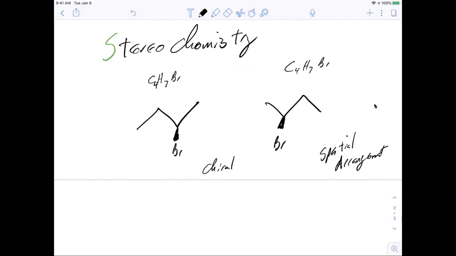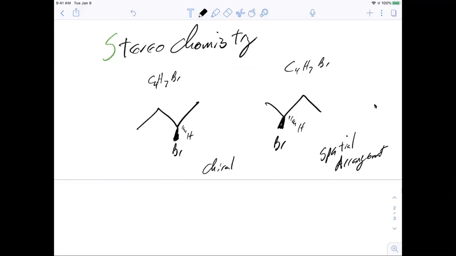If we look at these 2, this bromine coming out at us, we have a hydrogen going back, bromine coming out, hydrogen going back. What we have here is something like this. We have handedness, and that's where chirality really comes from. We're talking about handedness, left-handed, right-handed. And if we look at it, except for a ring on that finger and a scar over here, these 2 are mirror images of each other.